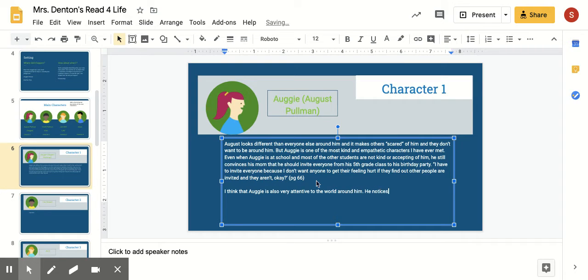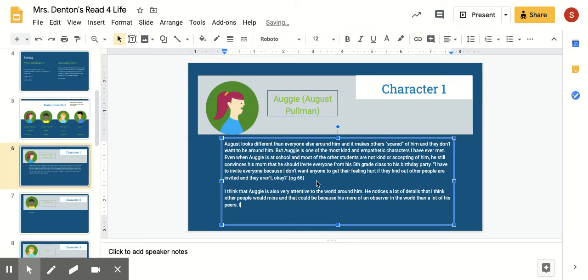He notices a lot of details that I think other people would miss, and that could be because he is more of an observer in the world than a lot of his peers.